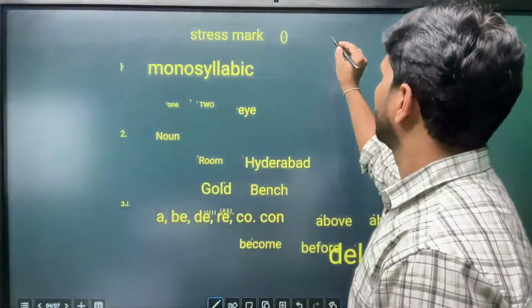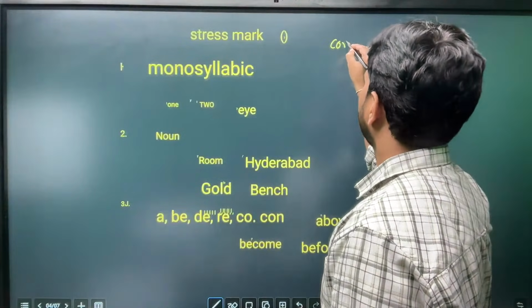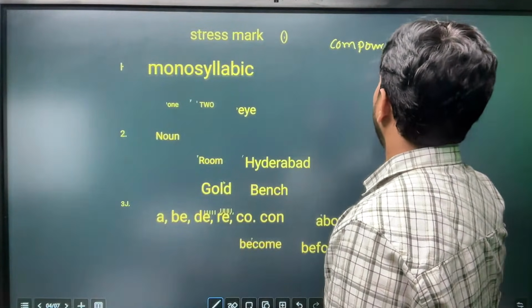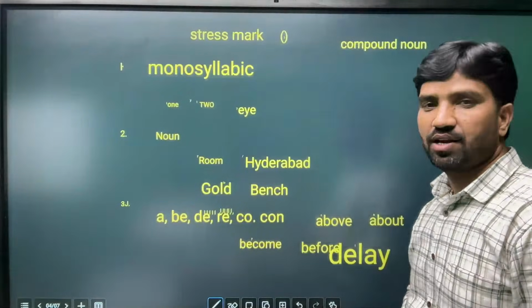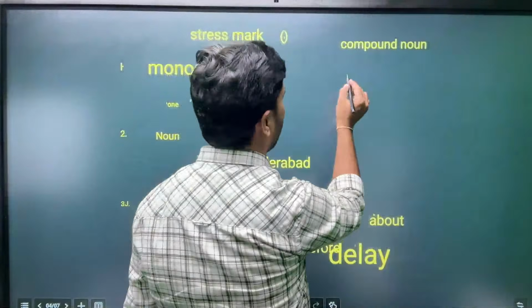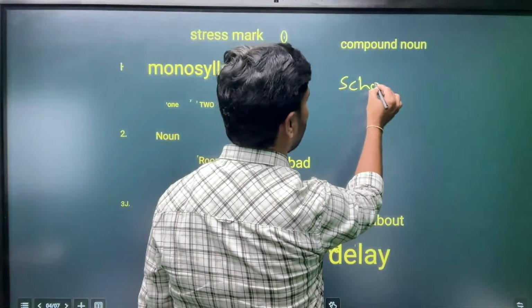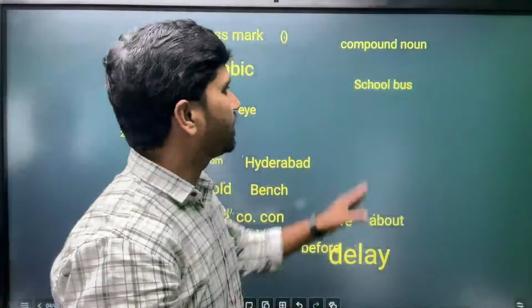Next one is compound nouns. Compound noun in the sense when two nouns come together. For example, I tell you, school and bus. School bus. It is a school bus.